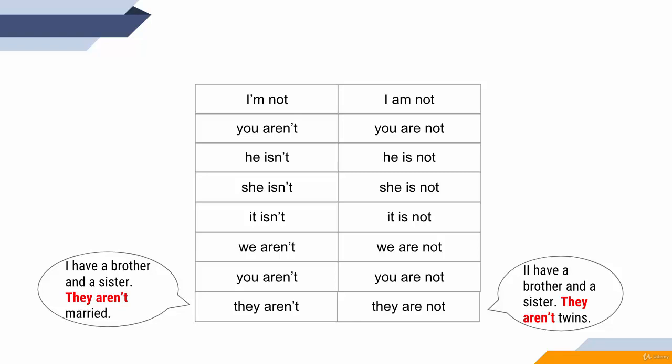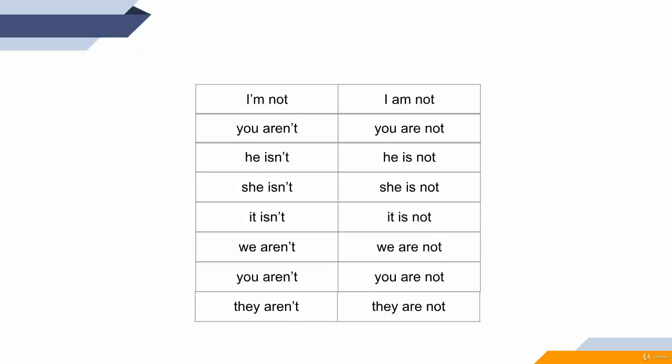Or they are not married. Okay? So these are the short and the long forms of the negative forms of the verb to be. Again, pay attention to this. When people speak, they prefer the short forms. When they write something formal, for example, when you write to your boss, you need the long forms.